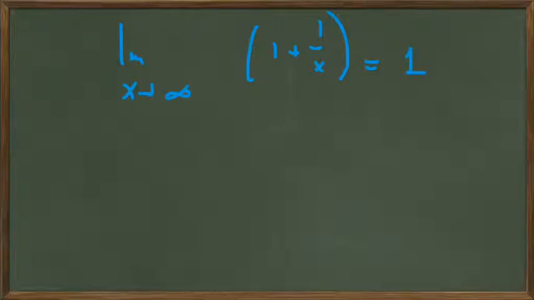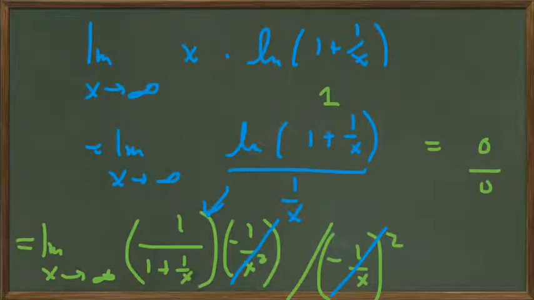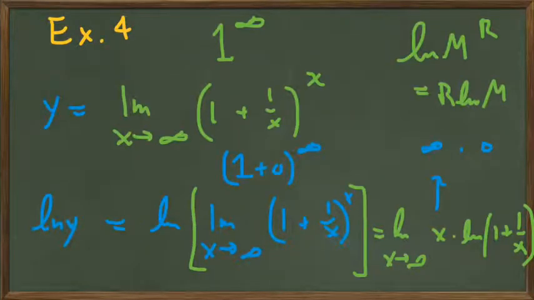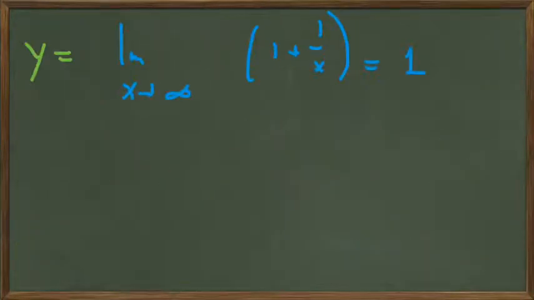But remember, this whole expression was what we started out with, which was ln of the right-hand side. We took ln of y, I'm sorry, this is ln of y that we have here.